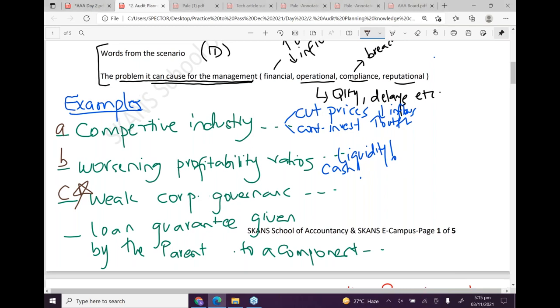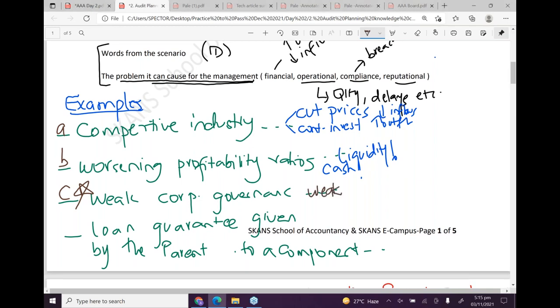So every single time, weak corporate governance is indicative of weak controls, which ultimately means higher chances of fraud and error in the organization and maybe poor decision making as well. Some of you have very aptly used words like poor accountability, and I don't want to see the word independence unless you explain what the problem is.